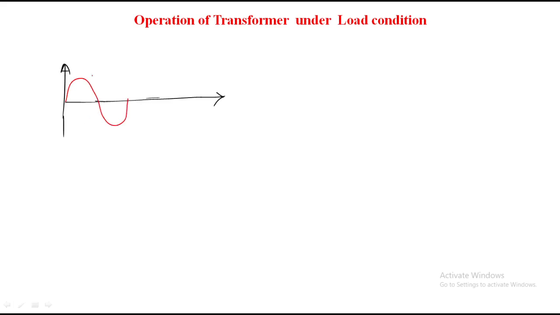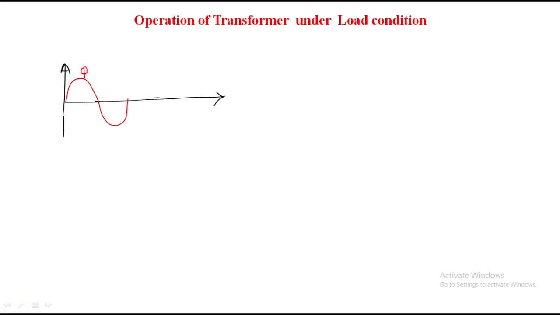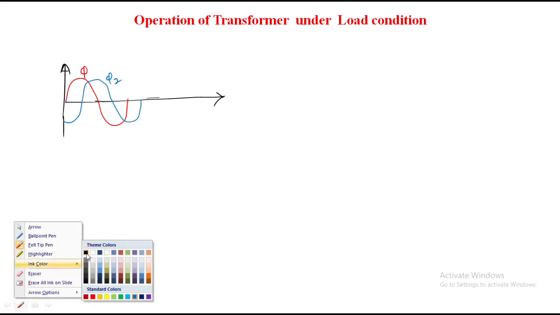So this is flux phi. What is phi 2? It has to oppose the changes in the main field flux, right? This is phi 2. Then what about phi 1 dash?